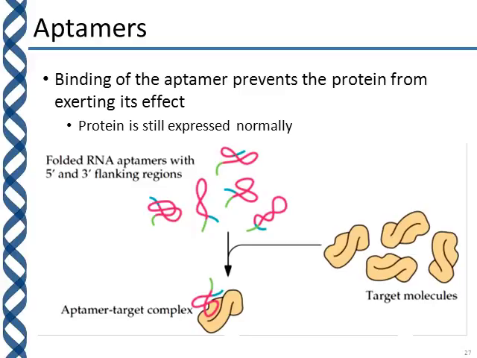The binding of the aptamer prevents the protein from exerting its effect, but the proteins are still expressed normally. Here we show the folded RNA aptamers with the 5' and 3' flanking regions binding to a target molecule and resulting in the aptamer target complex.